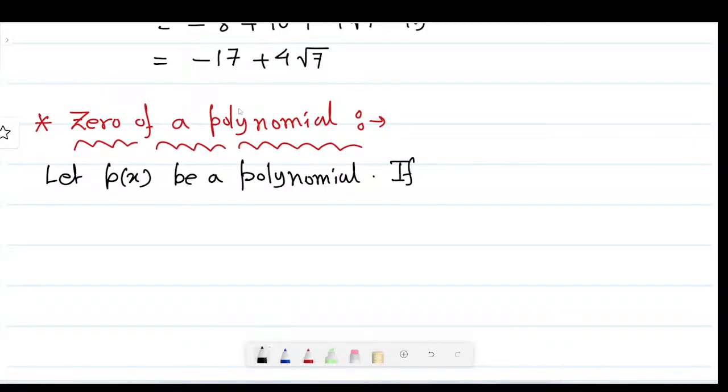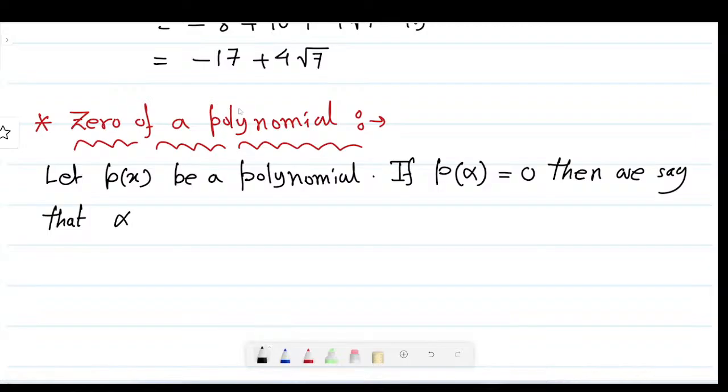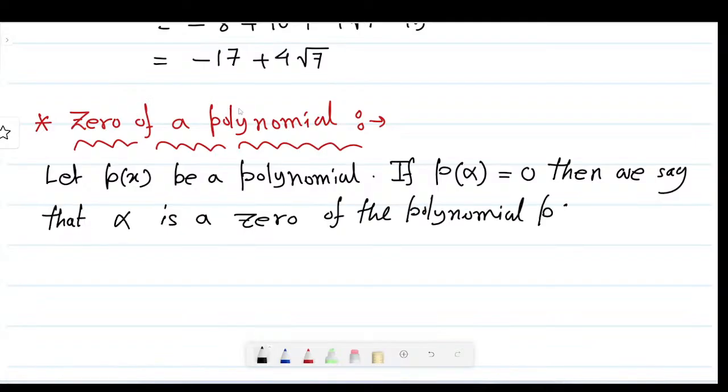If p of alpha equals 0, then we say that alpha is a zero of the polynomial p of x if p of alpha equals 0.